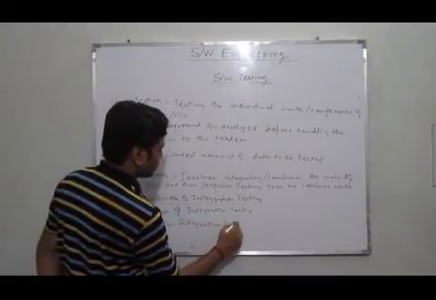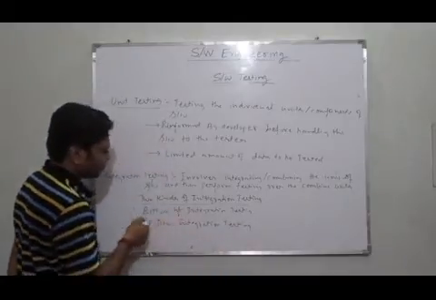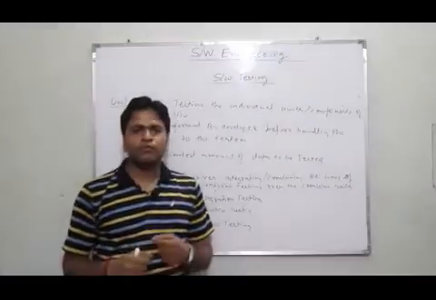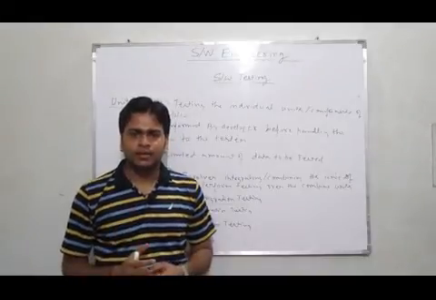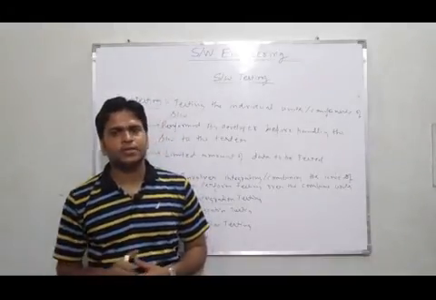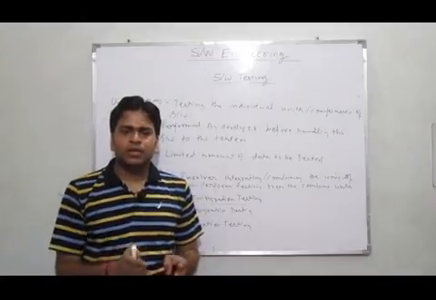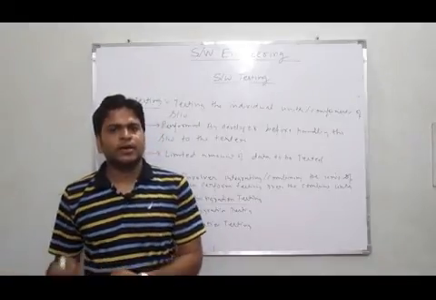So always remember that bottom-up testing is always performed first before top-down testing. When we talk about integration testing, we will discuss the other black box testing in our next lecture.